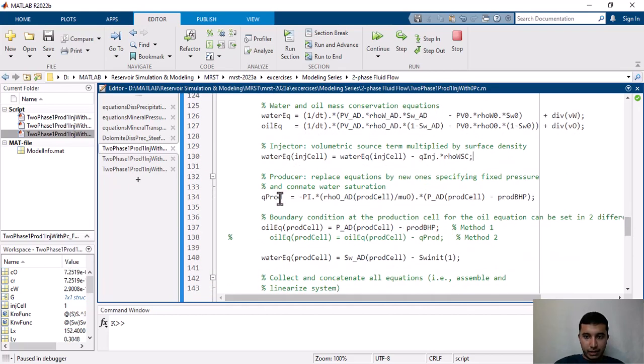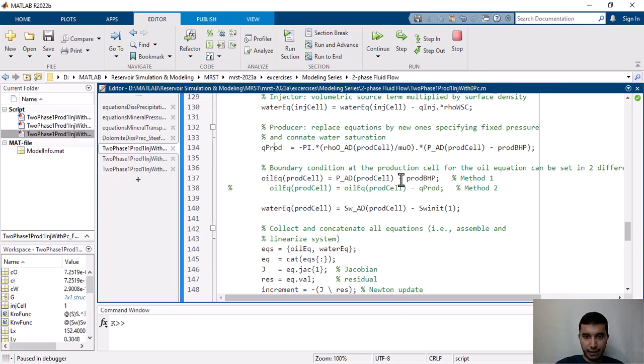And here I have calculated the production flow rate. As you know, we set the bottom hole pressure, so we don't know what the flow rate is for the production well. So we need to calculate the production rate, and I have done this here.